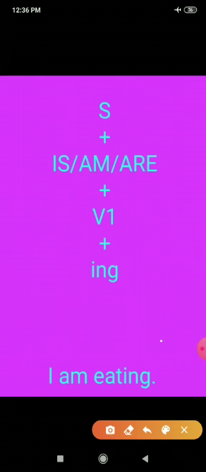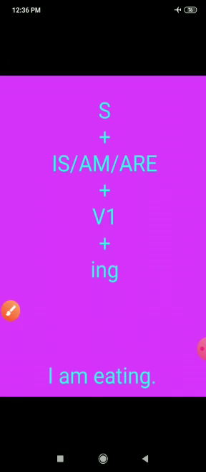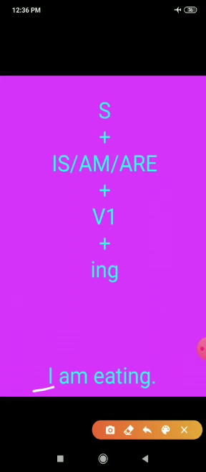Let's look at this sentence. I am meeting. This sentence is in present continuous tense. It means this is an action going on in the present, right now, at the time of speaking. In this sentence, we have a subject.